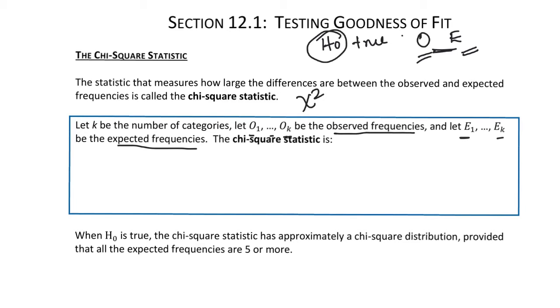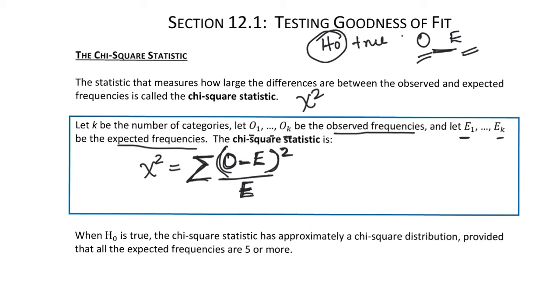Then the chi-square statistic is chi-square equals sigma of the difference between observed and expected frequencies, squared, divided by E. That means find the difference between observed and expected frequencies, square it, divide by the expected frequency for each one, then add everything together.